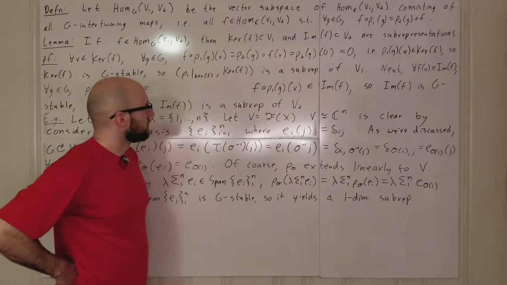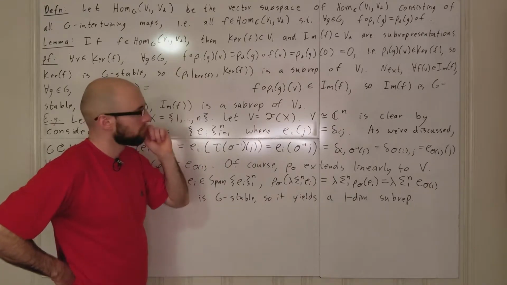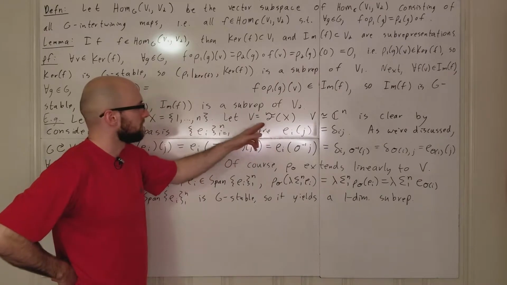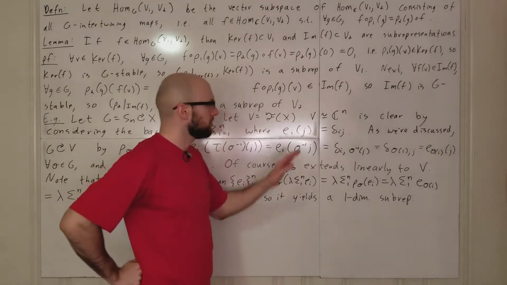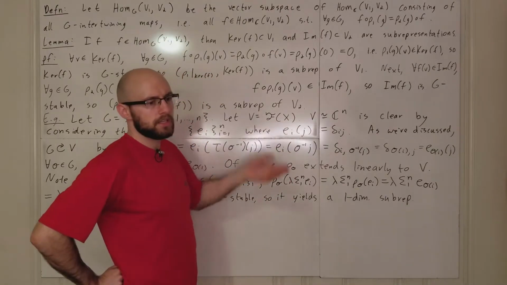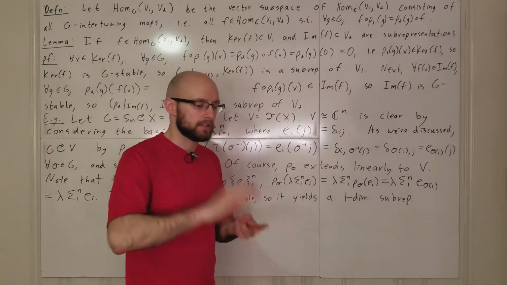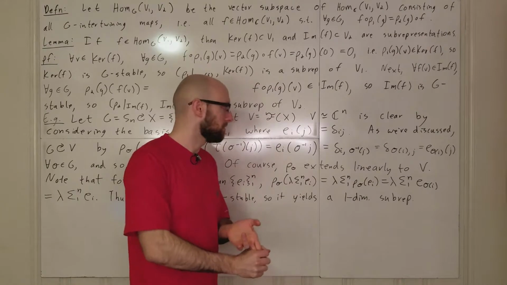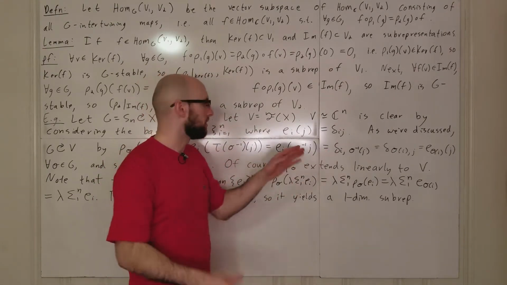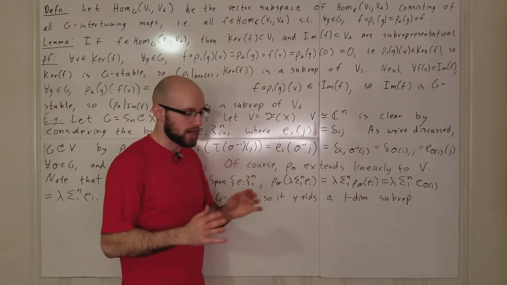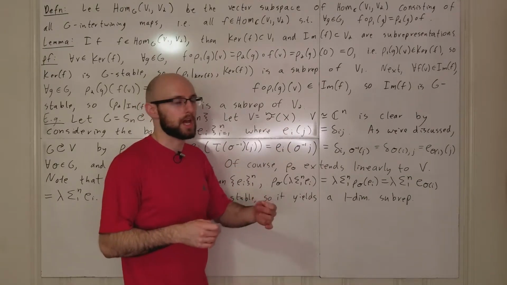Certainly this will span the space of functions from X into C, because any function from X into C is determined by plugging in an index and getting a scalar, some complex number. And so what you can do is take a whole bunch of these e_i, and for each e_i you multiply it by whatever our function evaluated at i is.